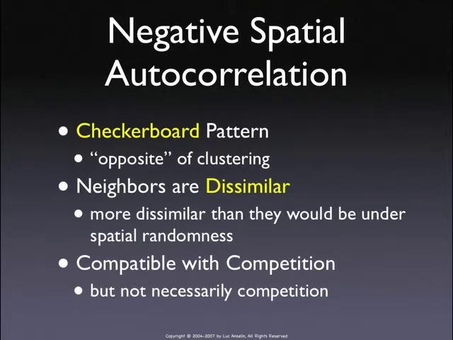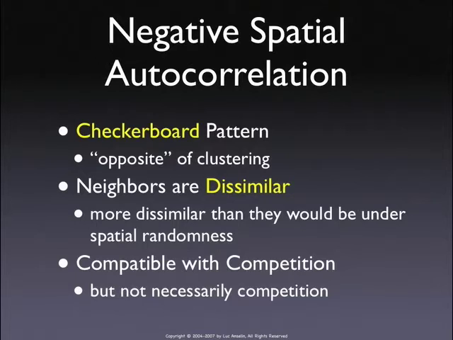So that is non-random. That is some structure that we could associate with a behavioral process. But we don't know what the behavioral process is just from assessing that there is negative spatial autocorrelation.